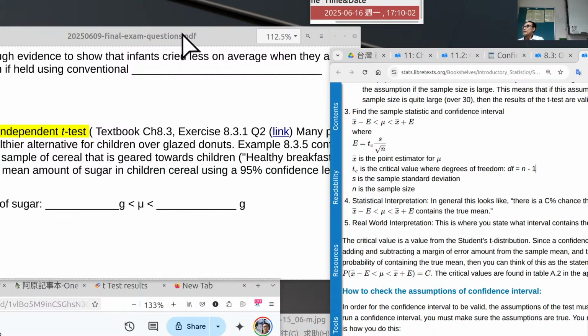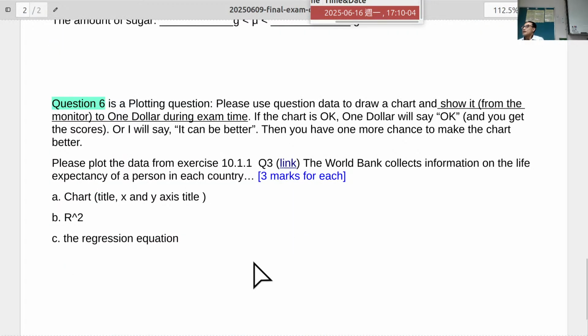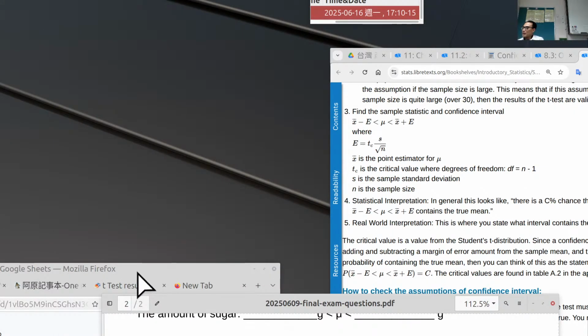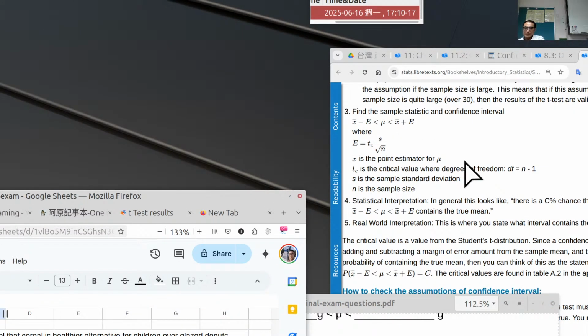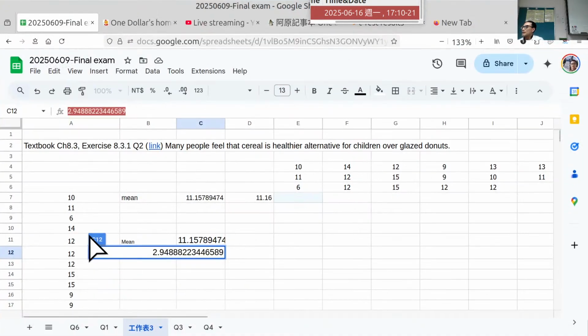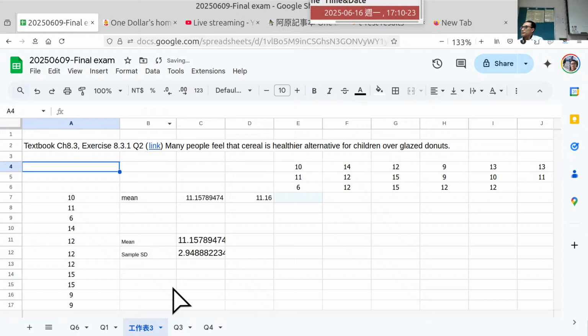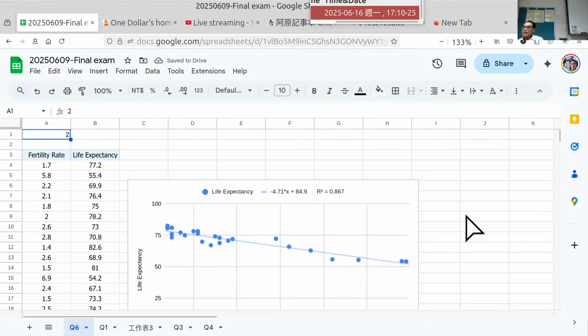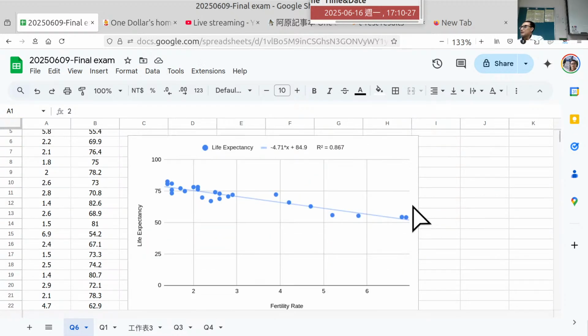Okay, question number 6. Please plot, and we use question number 3. The answer is here.